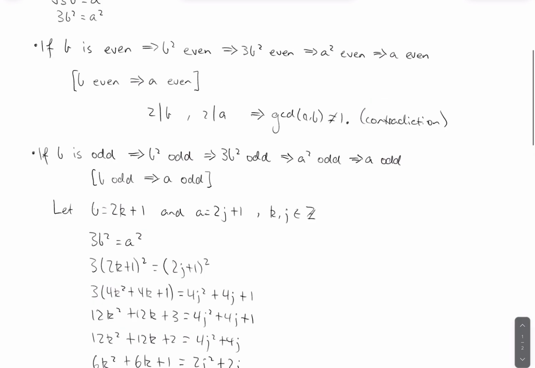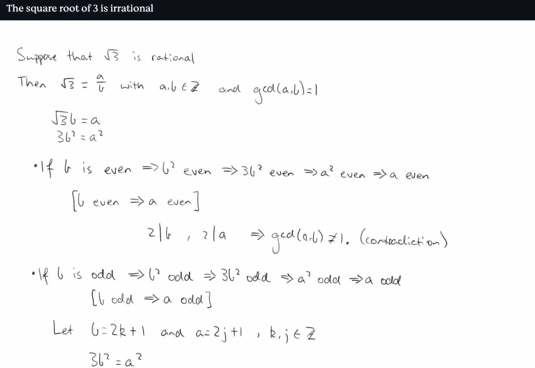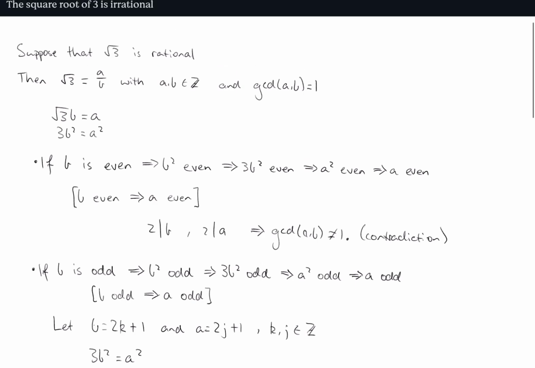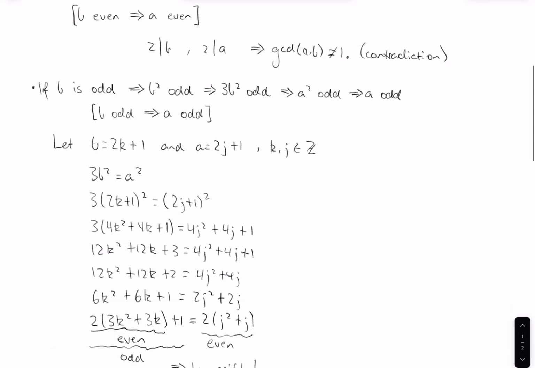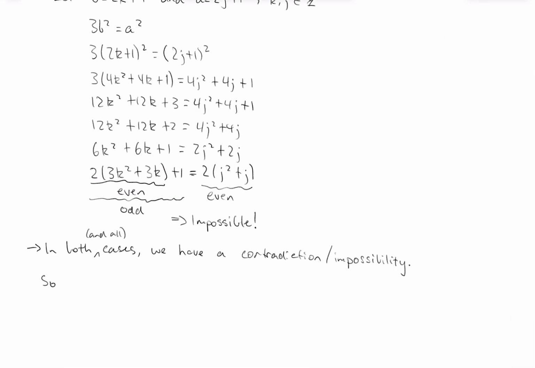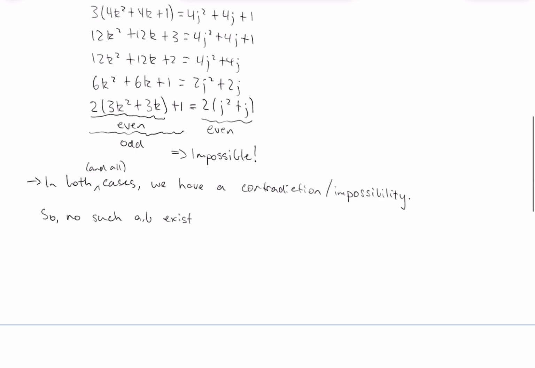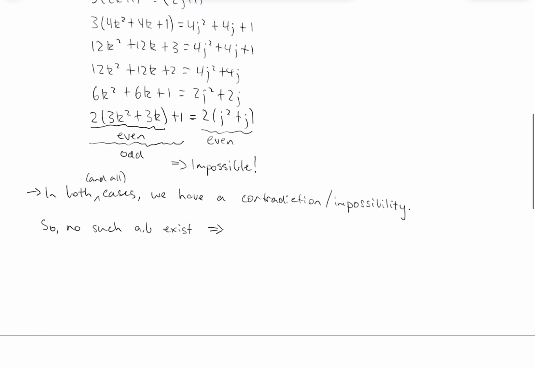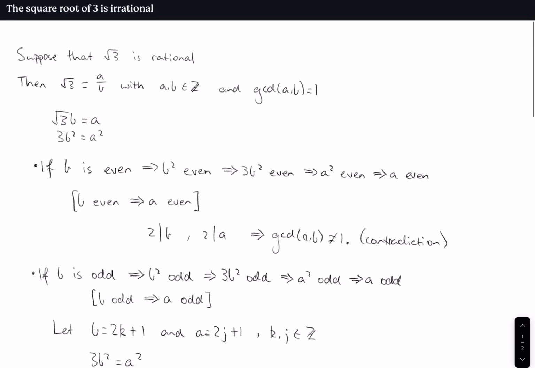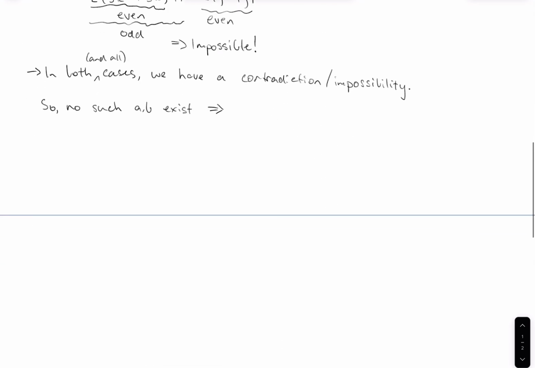So that means we can't find a pair of values a and b such that we've satisfied this criterion here. So no such a and b exists. So we've assumed that root 3 is rational, but our assumption must have been wrong. We conclude that root 3 is irrational.